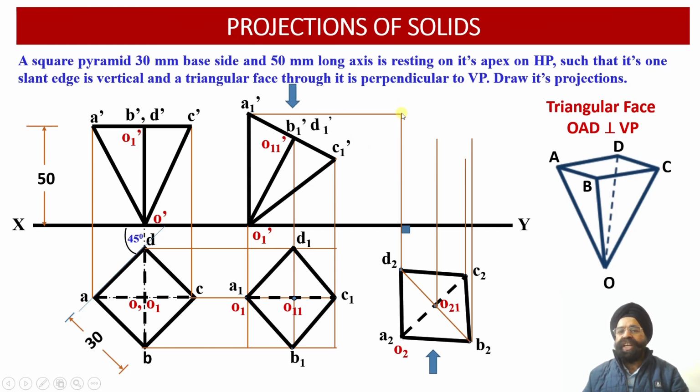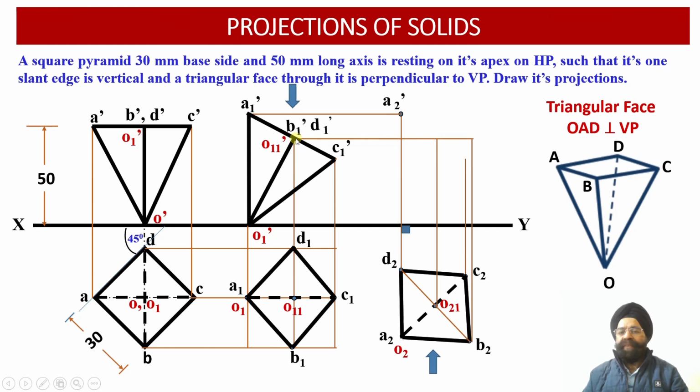the intersection points provide the location of the elevation projection points of the oblique square pyramid. Here we can see we have drawn a horizontal projector line emerging from A1 dash. Wherever it intersects the vertical projector line emerging from the point A2, we obtain A2 dash as the intersection point.